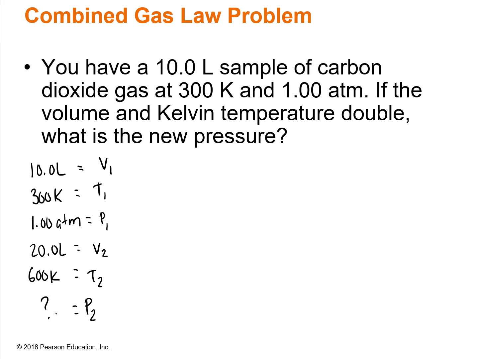We don't know what the new pressure is, that's what we're being asked. But when you see all three of these, pressure, temperature, and volume, that's the combined gas law.